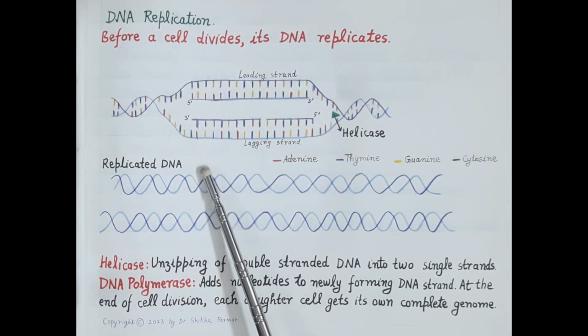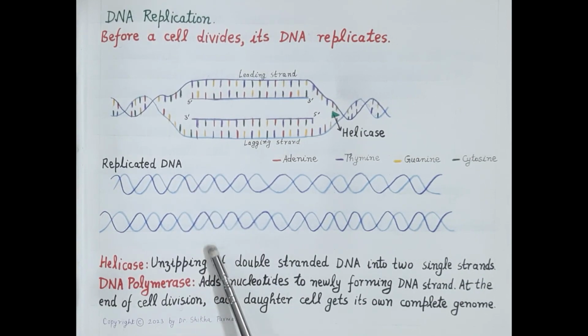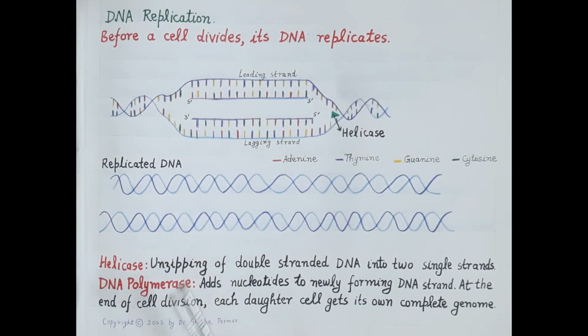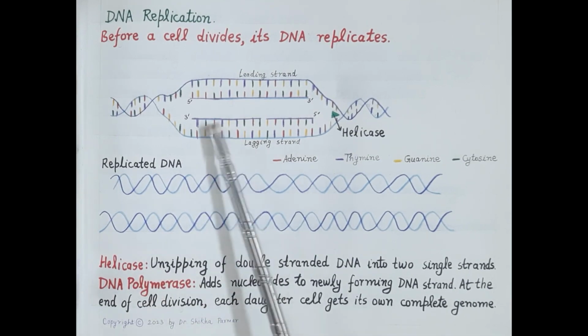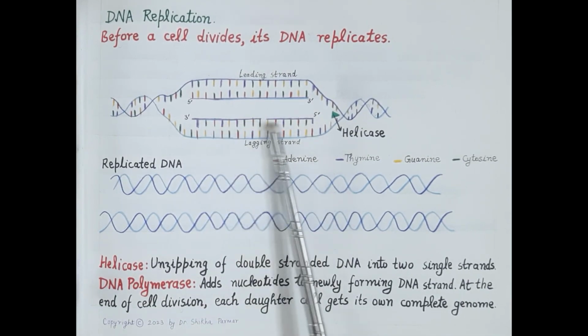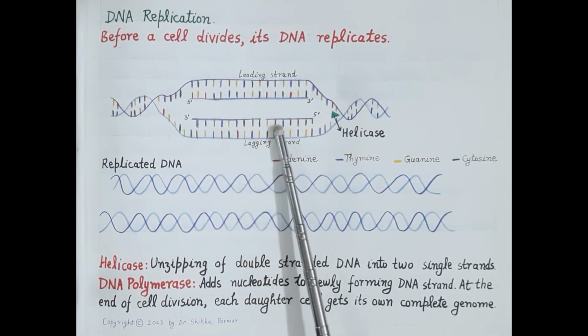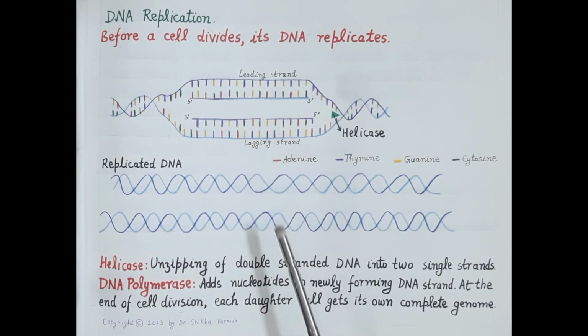So before a cell divides, its DNA replicates. These are the replicated DNA and it makes copy of its genome. Now if the enzyme DNA polymerase is inhibited, then these nucleotides will not be added to the newly forming DNA strand and this will prevent the process of DNA replication. So this is the process of DNA replication.